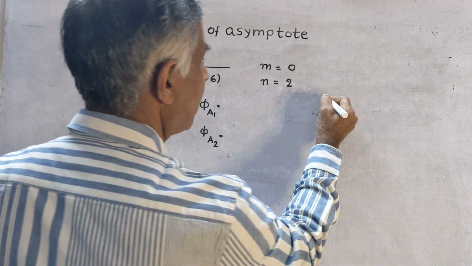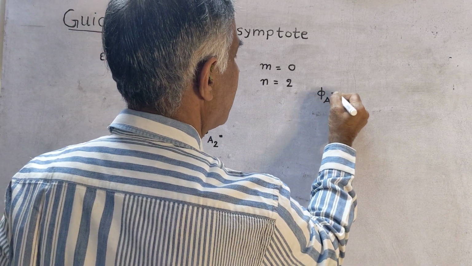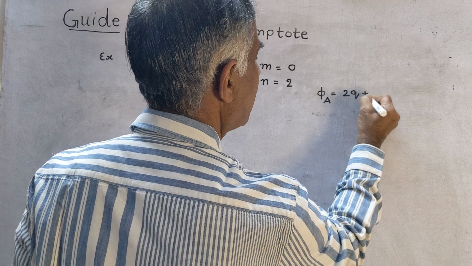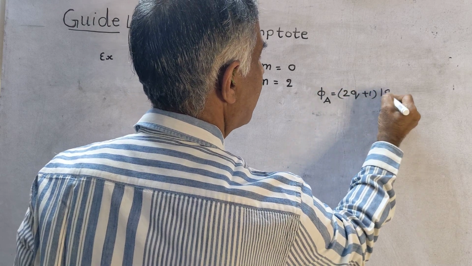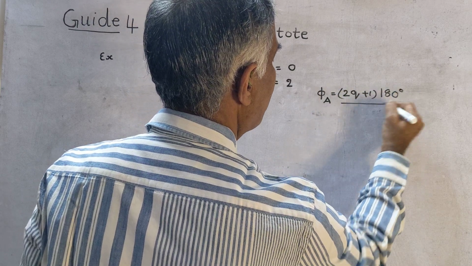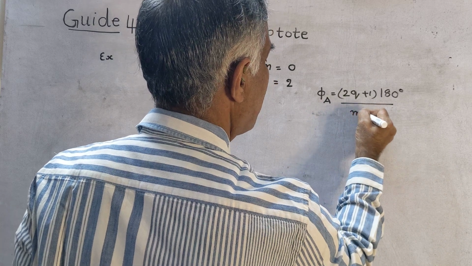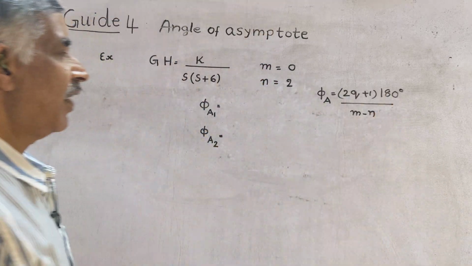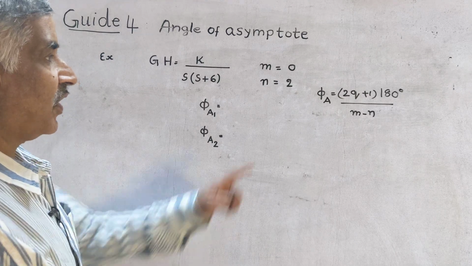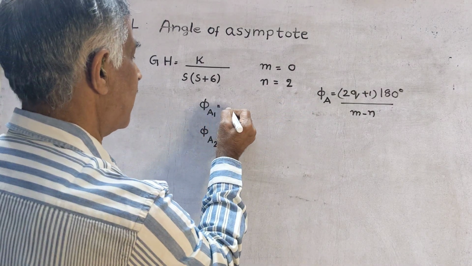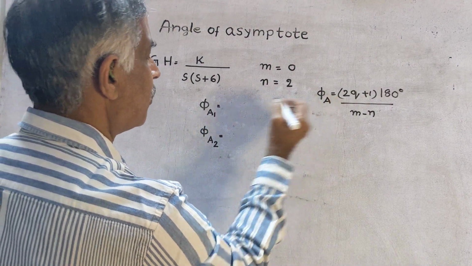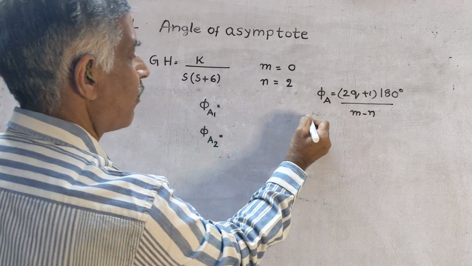So the formula for phi a calculation is 2q plus 1 times 180 degrees divided by m minus n. First, phi a1. Phi a1 is equal to, take q equal to 0.